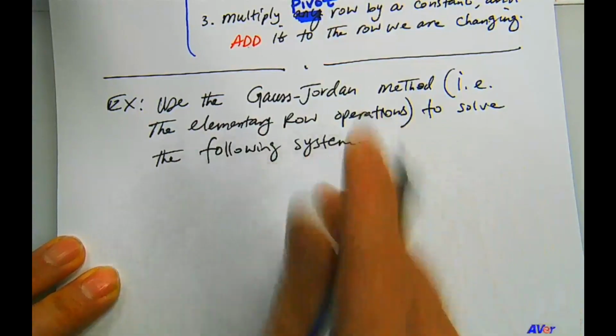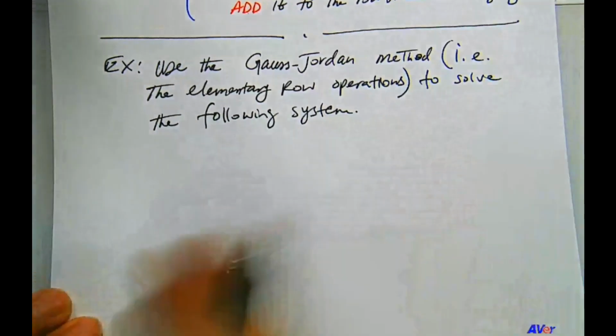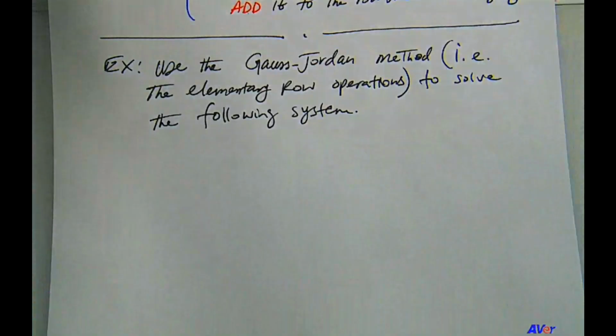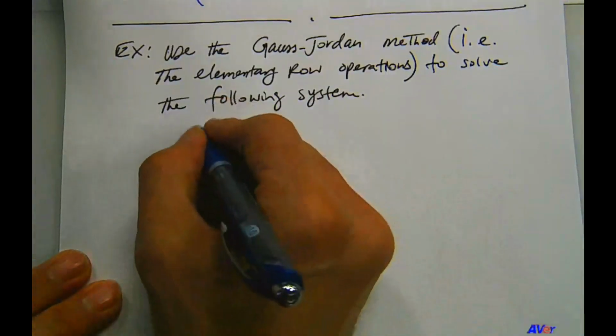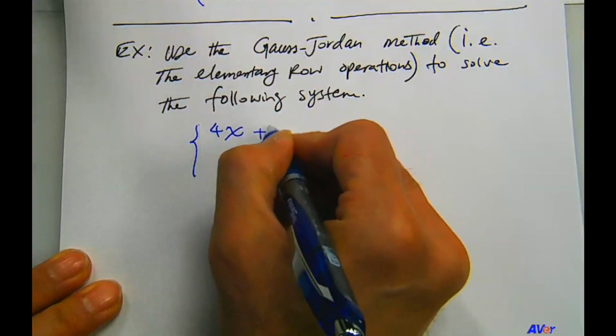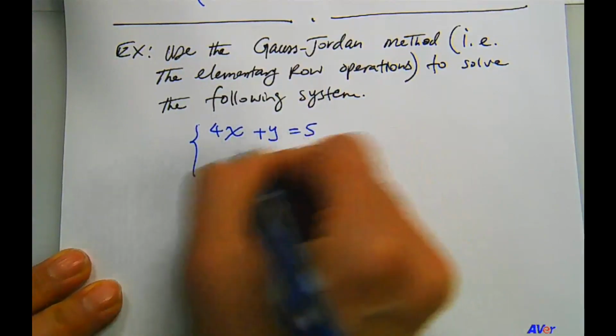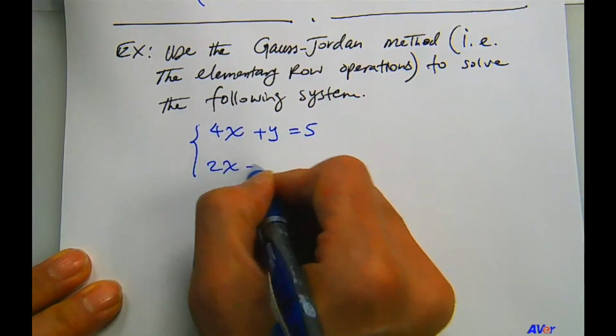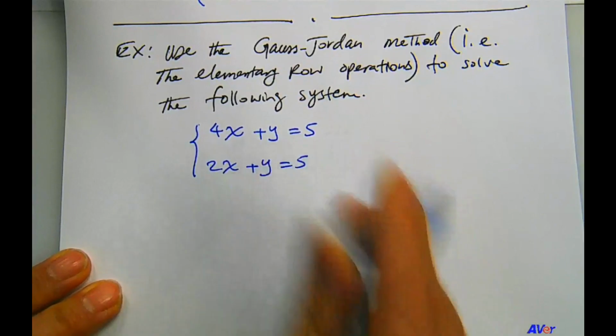We're going to start with a smaller system, a system of two equations and two unknowns. So we have 4x plus y equals 5, and then 2x plus y equals 5.